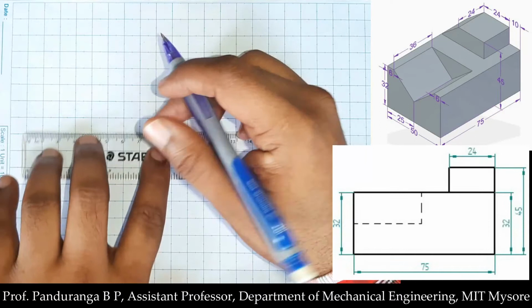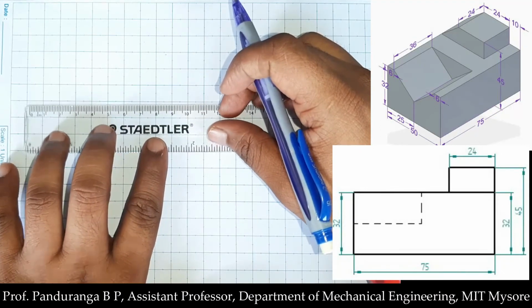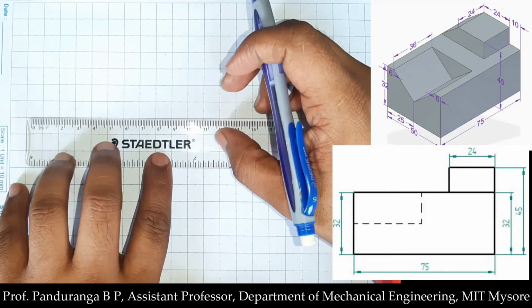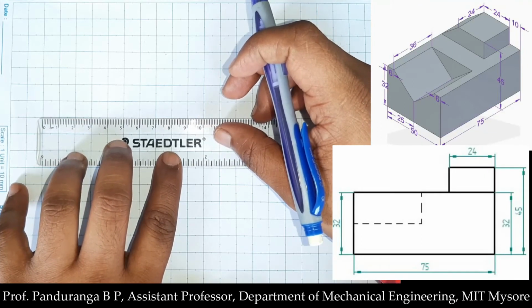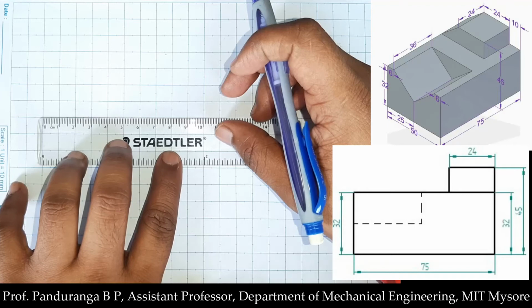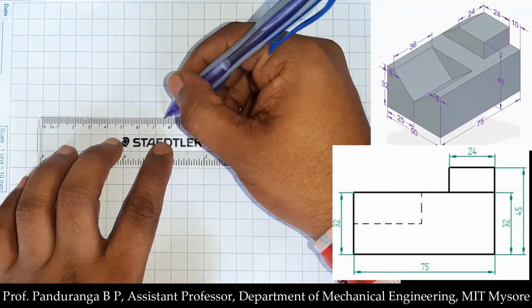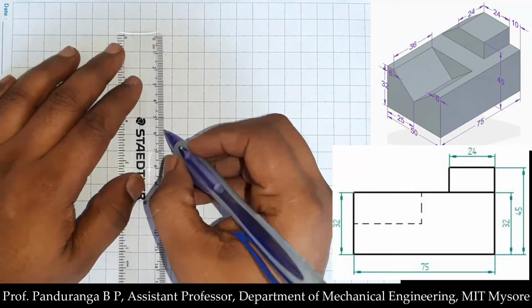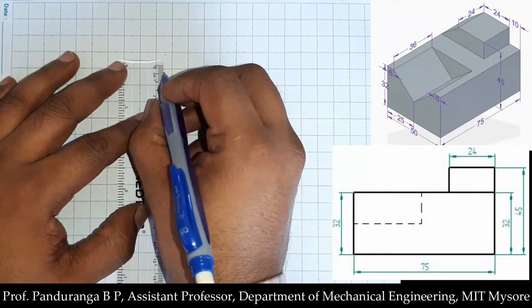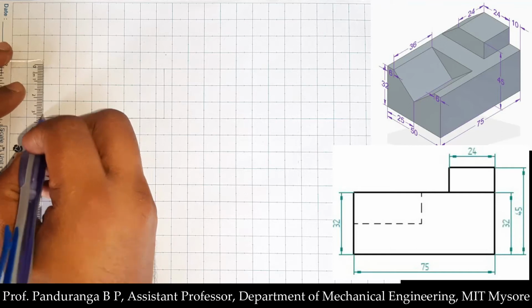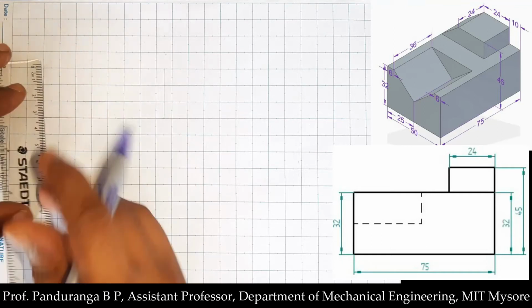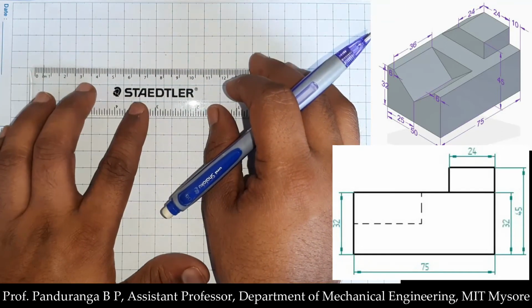So I'll take this line to draw the base. Now I need to draw the line for 75 millimeter. On this side again I will measure 32 millimeter and draw a thin line. Then I will complete this rectangle.